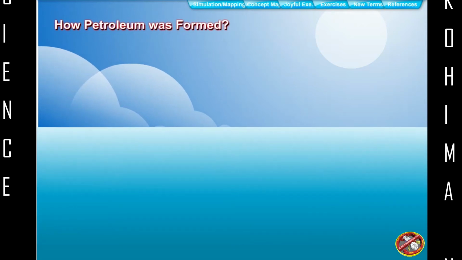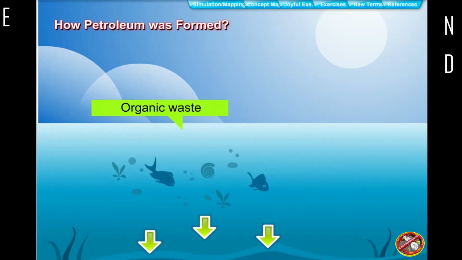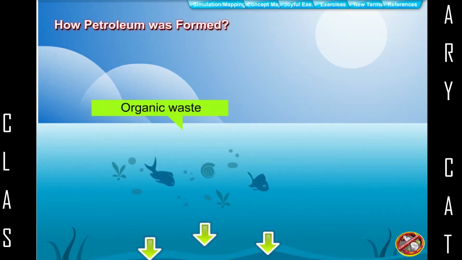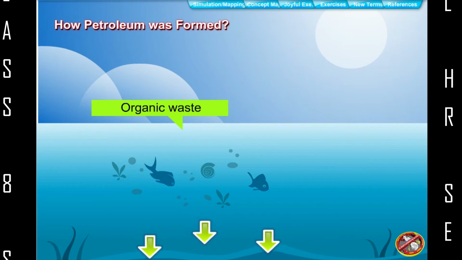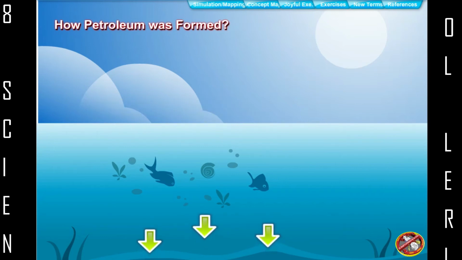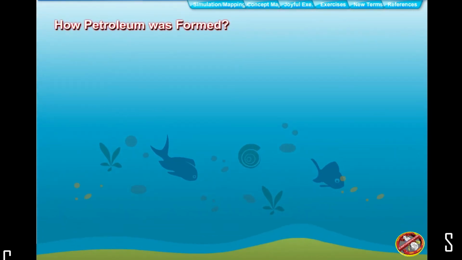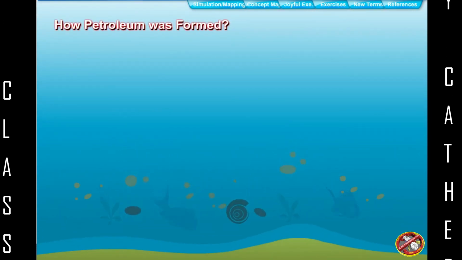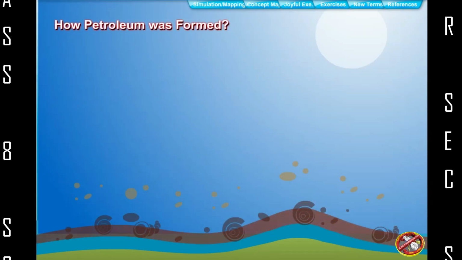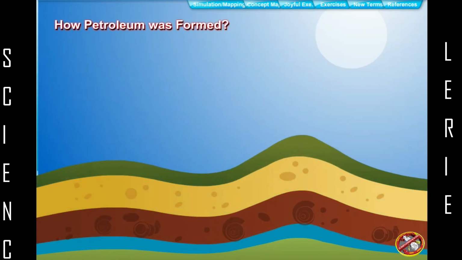How petroleum was formed? Petroleum oil was formed by the decomposition of the remains of extremely small plants and animals buried under the sea millions of years ago. It is believed that millions of years ago, the small plants and animals which lived in the sea died.